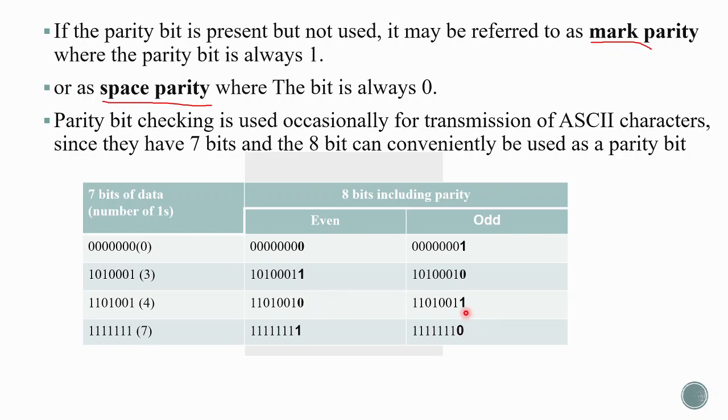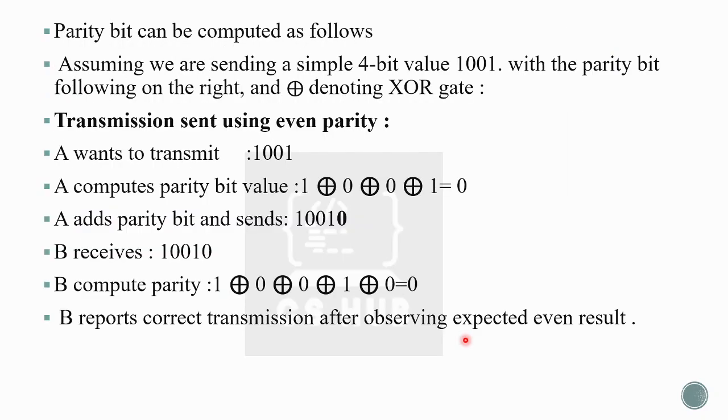So I have added a 1 over here, which means the total number of ones is 1, 2, 3, 4, 5, an odd number. Consider this, here are 7 ones, which means an odd number of ones. We have to make it even for even parity, so I have added an extra one for the parity bit. And for odd parity, the number is already odd, so I have added a 0. This is the concept of parity.